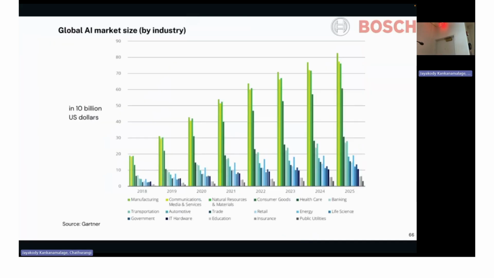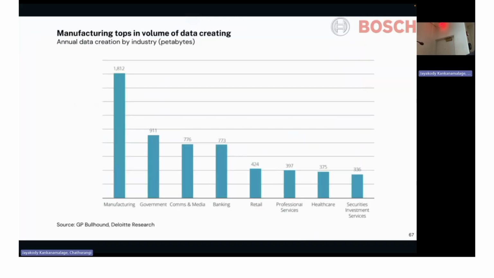But just to start out, the AI market in manufacturing is quite large. It's projected to be about 800 billion in 2025. So this is actually the largest market, at least according to some estimates, bigger than communications, natural resources, consumer goods. Everything else falls way behind. It's quite a big market and actually growing.